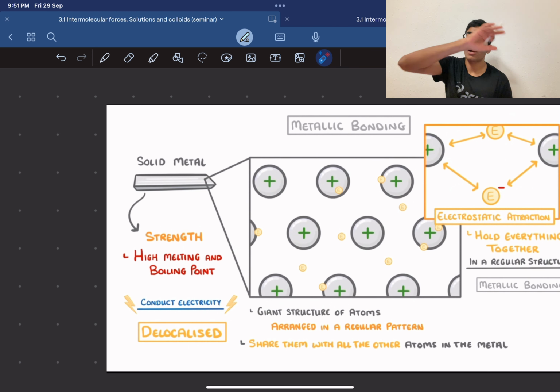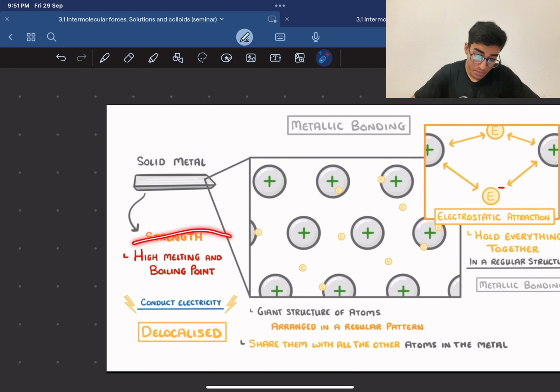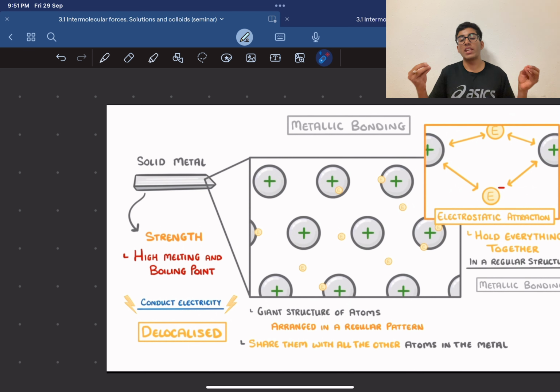Because of the fact that electrons are floating everywhere, we can conduct electricity with metals. The more you know. And it has a high melting and boiling point, because of the fact that there is so much electrostatic force all around. Since electrons are everywhere, they're getting attracted to the nuclei of other atoms, but they're all the same basically.